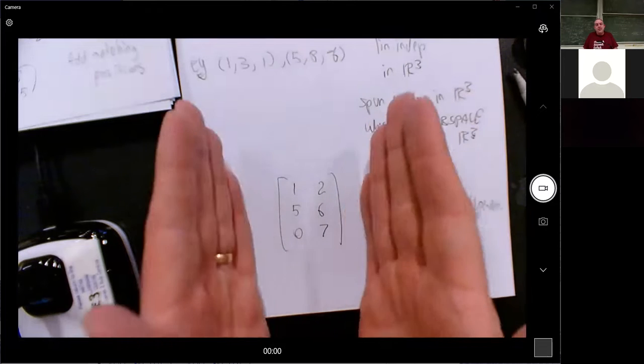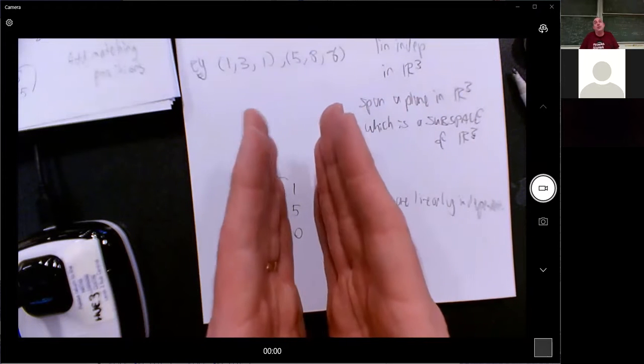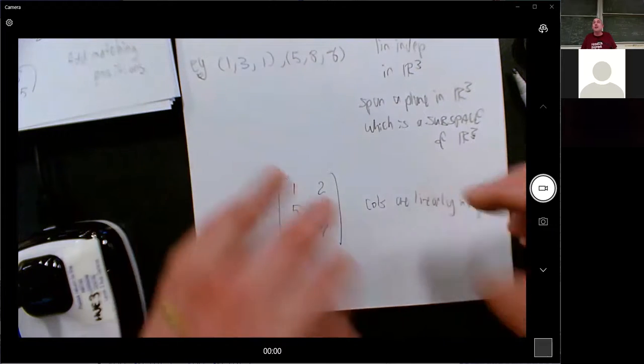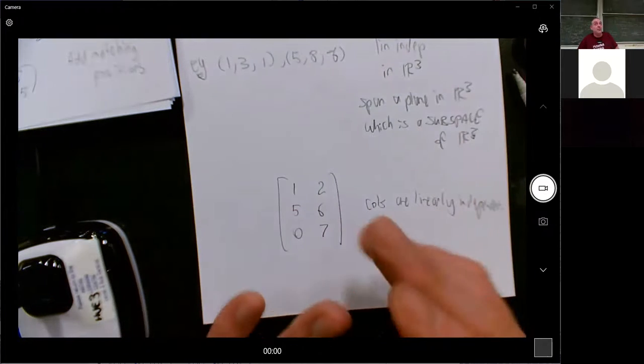Because it's a narrow matrix, it's possible for the columns to be linearly independent. If it was a wide matrix, then yes, those columns have to be linearly dependent.